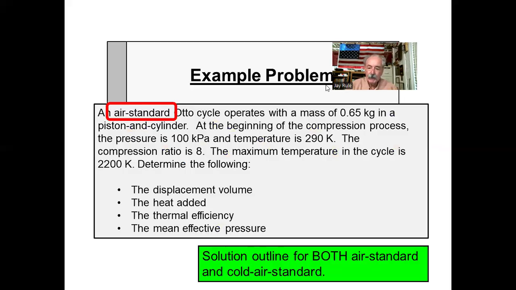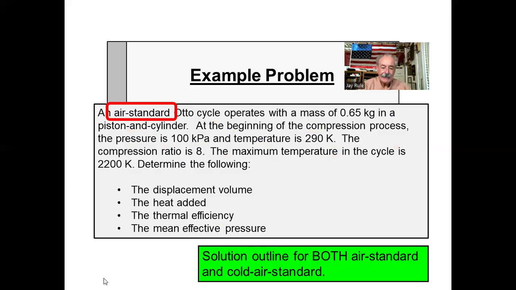Now I'd like to propose an example problem that I see as representative of your homework problems for internal combustion engines in this Chapter 9. I'll read the problem. An air standard Otto cycle operates with a mass of 0.65 kilograms in a piston and cylinder.